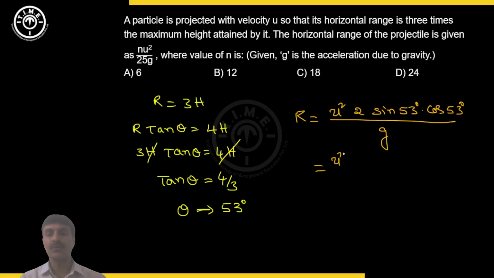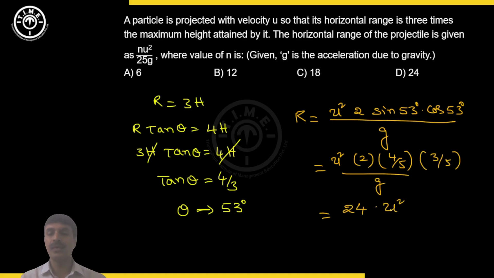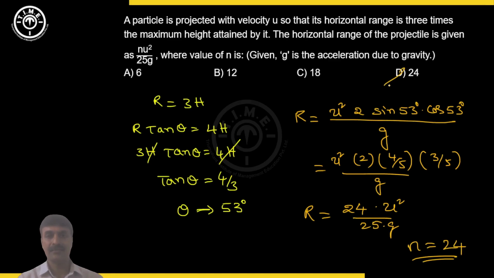So it is u square into 2 into sine 53, which is 4 by 5, cos 53, 3 by 5, by g. That gives you 24 u square by 25g range. In comparison, in place of n, we have 24. N is 24 means correct option is D.